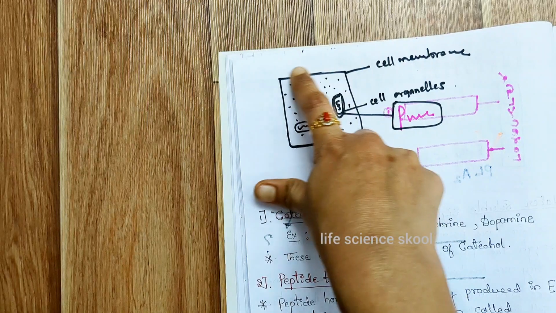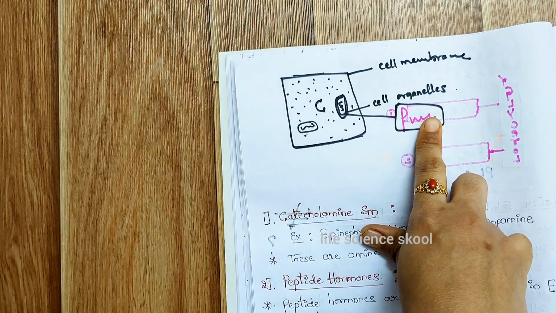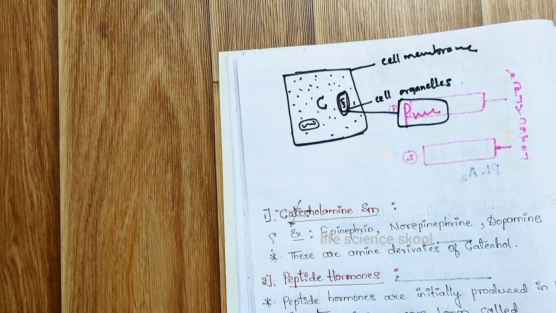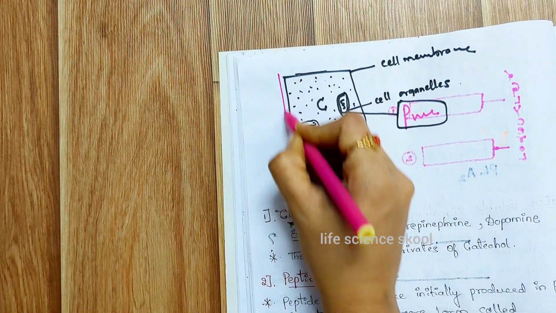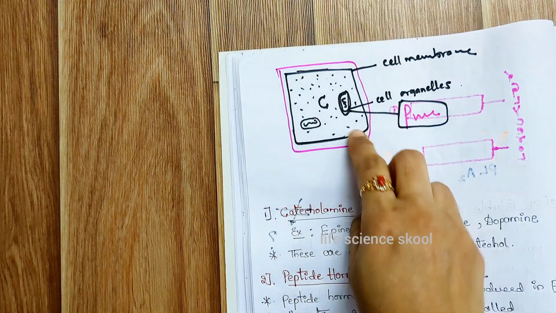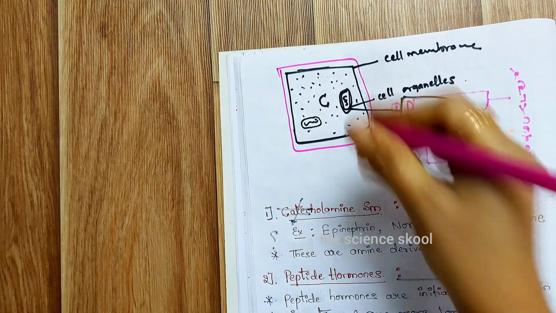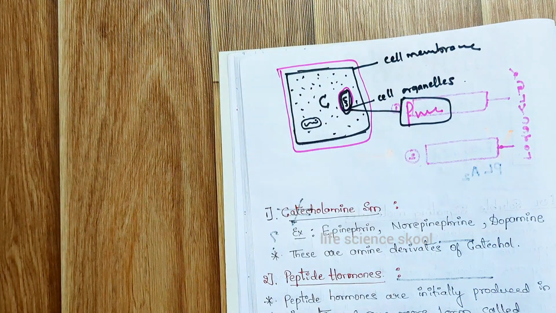The cell membrane encloses the entire cell, and some cells have the plasma membrane as well. It may cover the cell or the cell organelle, both.